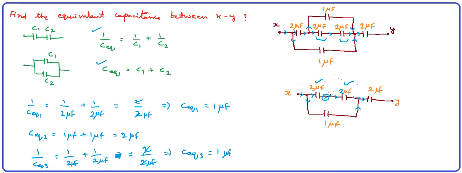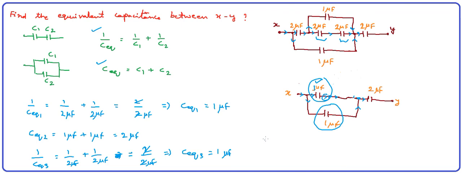That means the circuit becomes like this, and this value is 1. Now this will be our circuit diagram. You can see this 1 microfarad and this 1 microfarad are in parallel now.